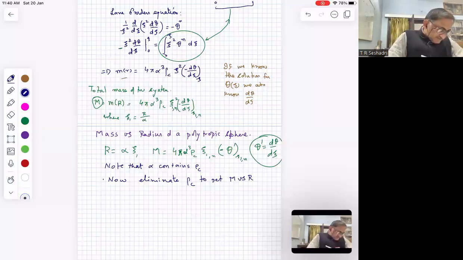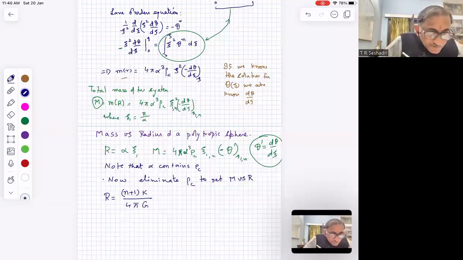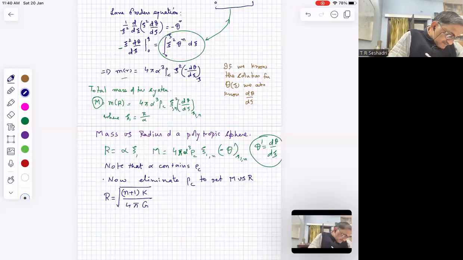If I just write it out, for alpha also, I will have R is equal to the square root of (n plus 1) k by 4 pi G, rho c to the power 1 minus n by 2n, into xi1.